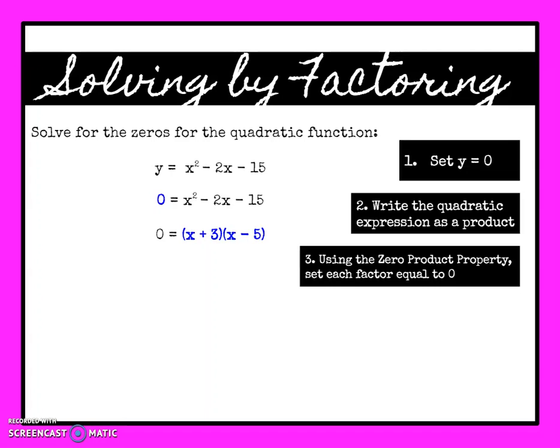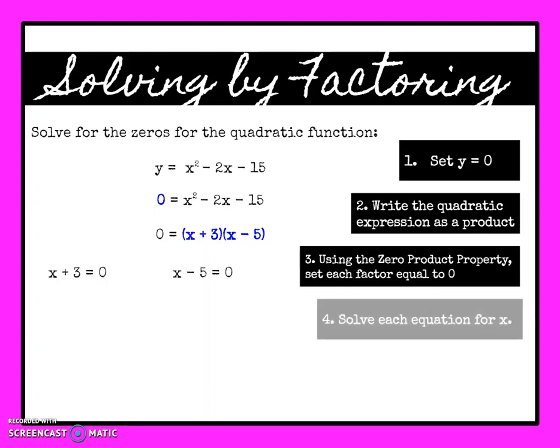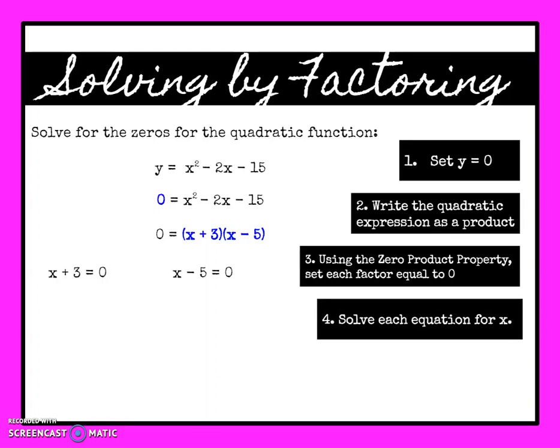Step 3 is to use the zero product property and set each factor equal to 0. So I'm going to set x plus 3 equal to 0, and I'm going to set x minus 5 equal to 0. And then I just solve each equation for x. Subtracting 3, using my inverse operations, and adding 5, and I get x equals negative 3 and x equals 5.